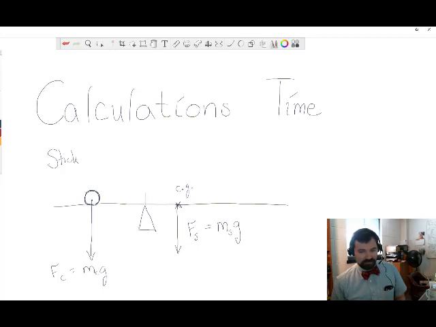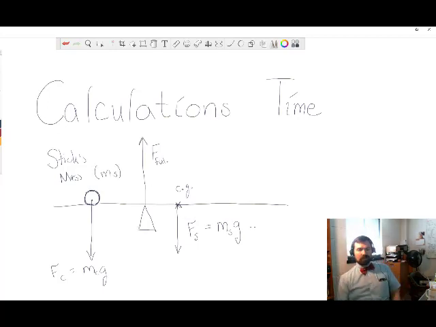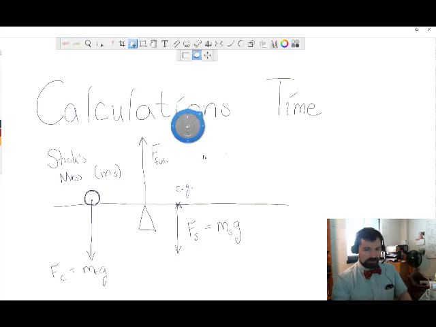And then there's also an upward force over here that is from the fulcrum. We'll call this F fulcrum. And what we're looking for is the stick's mass, which would be m sub s in these equations.